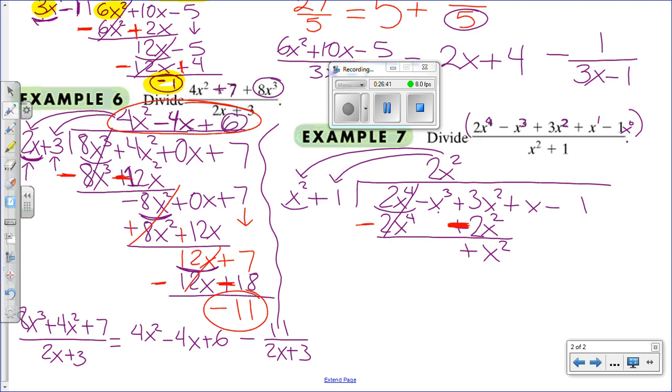Now I'm going to bring down the negative x cubed. My next step is going to be to divide negative x cubed divided by x squared. Now we're dividing a negative over a positive, so that will be negative, and the variable will be x to the first power. So that term goes here, negative x.